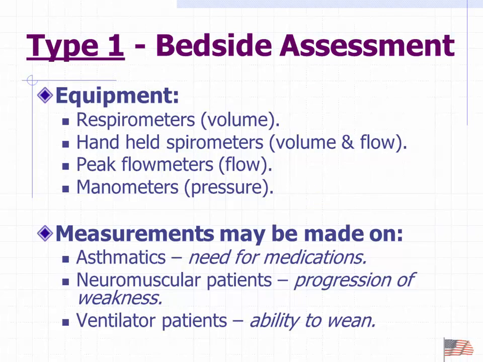Our bedside assessment, again, we're going to go back and reuse that respirometer. I think Lori had you use it when she was talking about measurement of minute ventilation, and you counted the respiratory rate and determined the average tidal volume. We're going to use that device again. We'll also use a handheld spirometer that can be used at the bedside, and as a screening tool in the community. We'll also have you utilize a peak flow meter to measure Amber Eye's peak flow.